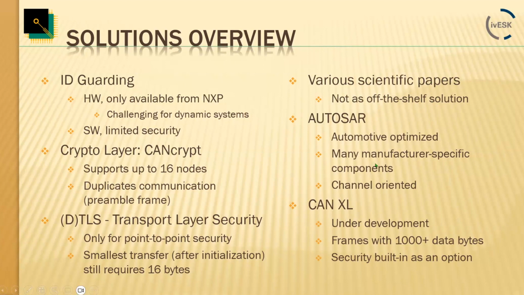AUTOSAR has also, for the automotive industry, tried to standardize the secure communication a little bit. This still has many manufacturer-specific components and is also channel-oriented. And with CAN-XL, we already said this is still under development.